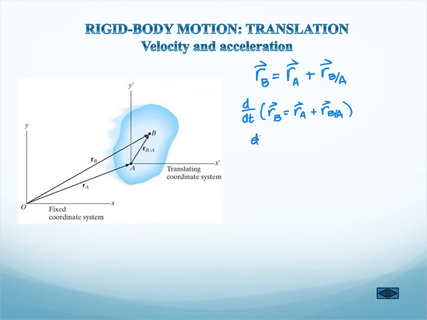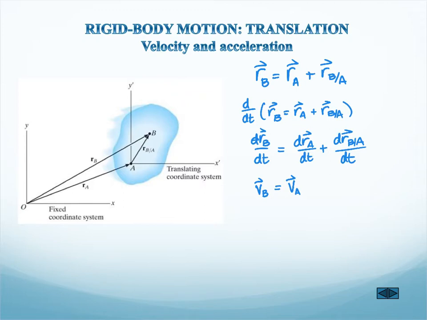Just sort of doing it in gory detail. And so now, the derivative of the position of B with respect to time is just the velocity of B, and the derivative of the position of A with respect to time is just the velocity of A. But what is the derivative of the position of B relative to A?